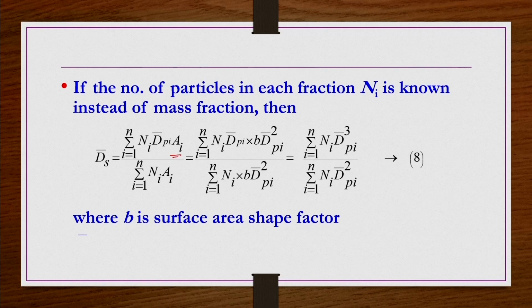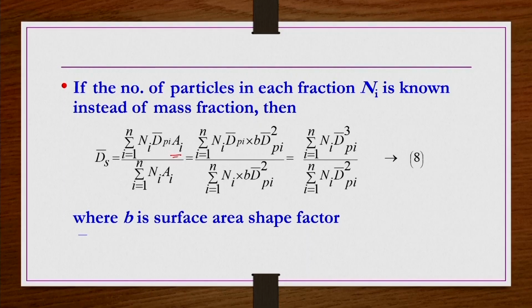So that is the multiplication factor of dp. That may be different, and for non-uniform mixtures you cannot have one single value. But that is the reason we are assuming that this constant is b, and it is the same for all the particles within that particular mixture.